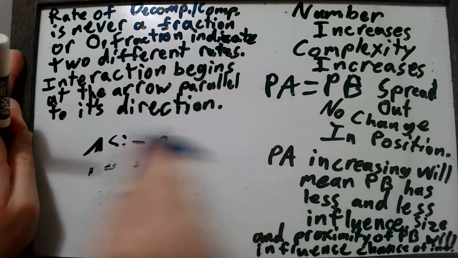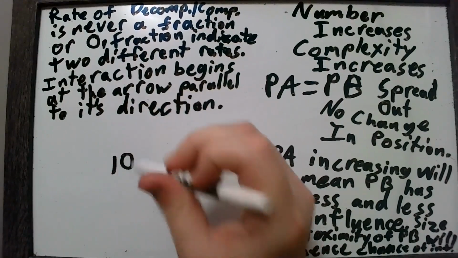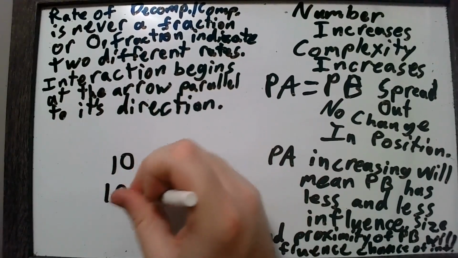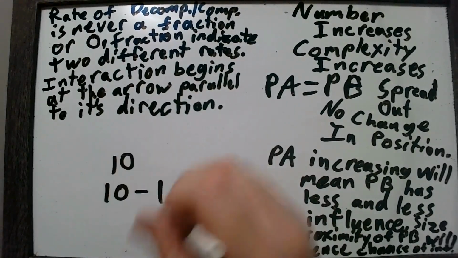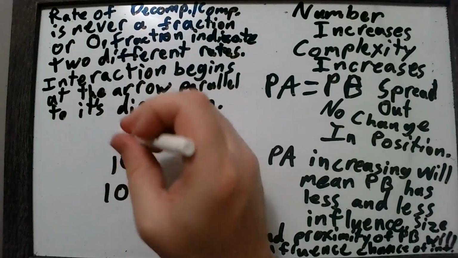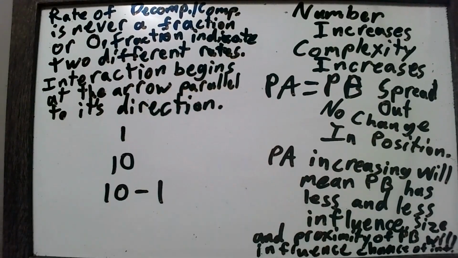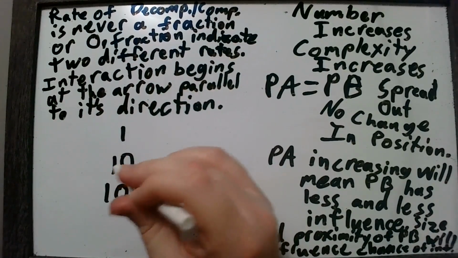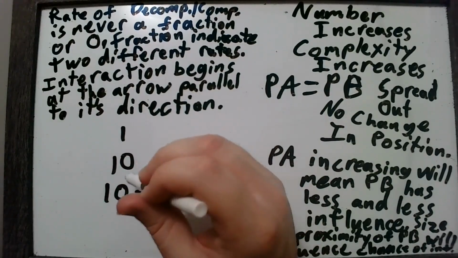This means that if you have something that is, let's say, a 10, the possible values are 10 through 1. Okay? So this means that there are going to be a lot more interactions in something that has a value of 10 versus something that has a value of 1, which means that there's no interactions at the value of 1, whereas there's 10 possible rates at a rate of 10.